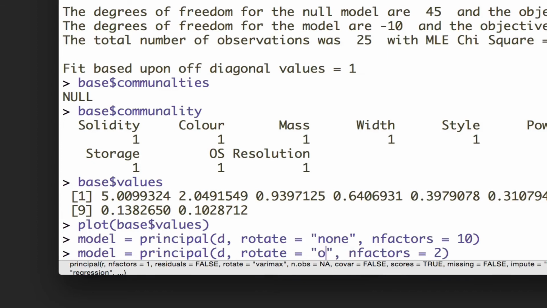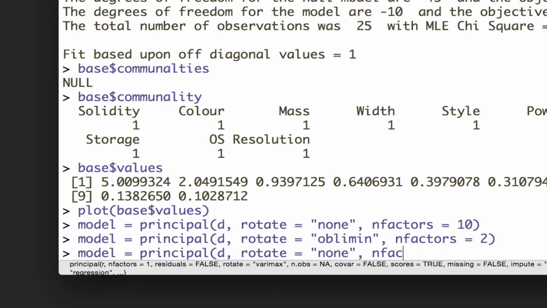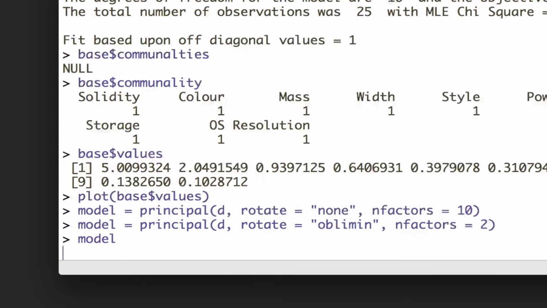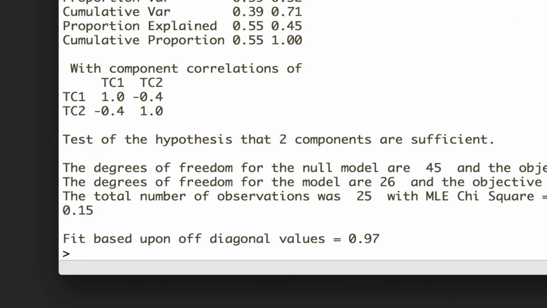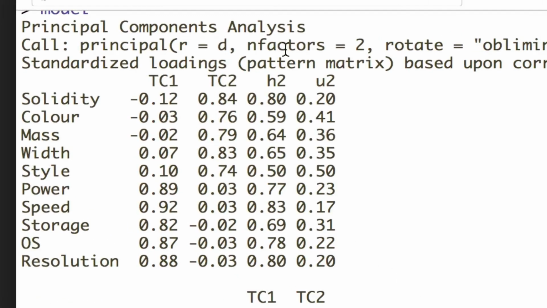So I'm going to specify oblimin because I want to do an oblique rotation. If we submit that, and now we look at our model, we can see we've got several factors.